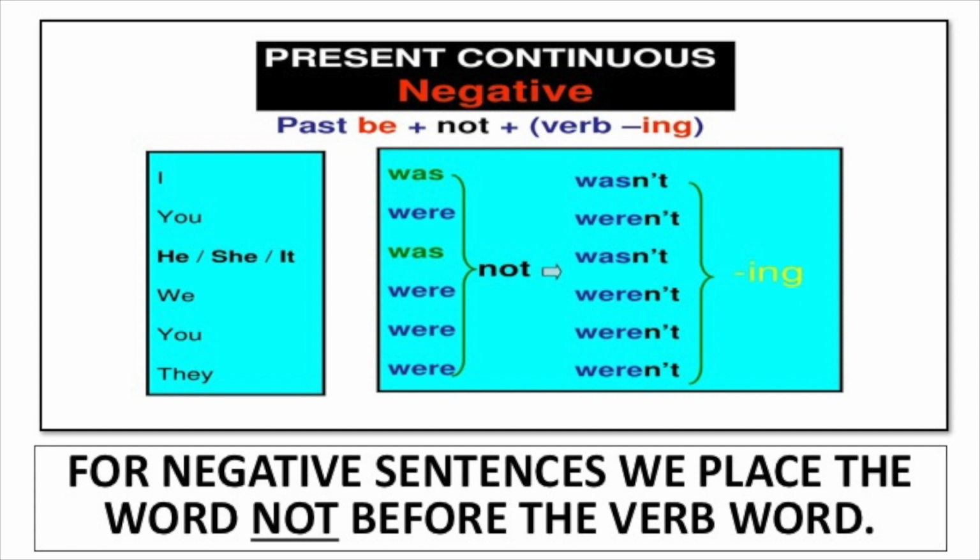You were not. He was not. We were not. You were not. They were not. One extra word changes the meaning of the entire sentence from affirmative to negative.